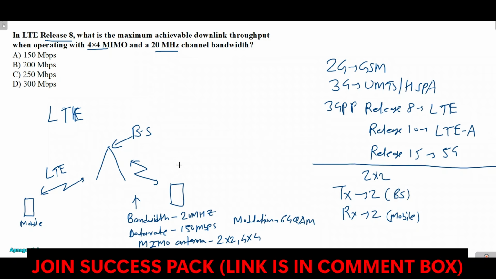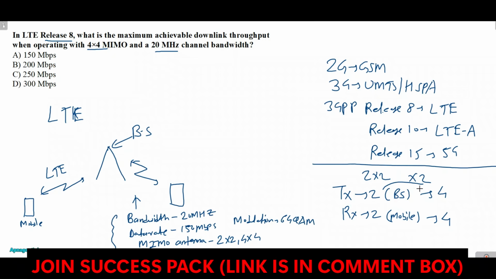Now for release 8 we discussed this, and I told you it can support up to 4x4. That means at the transmitter side I put 4 antennas, and at the receiver side 4 antennas. Earlier it was 2x2, and now it is 4x4, so I am doubling things.